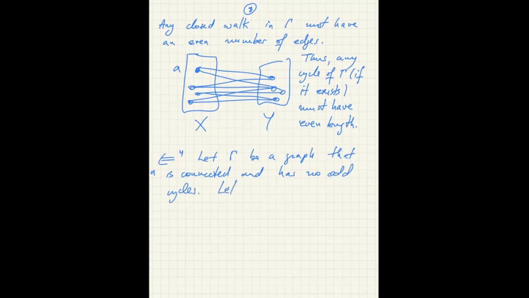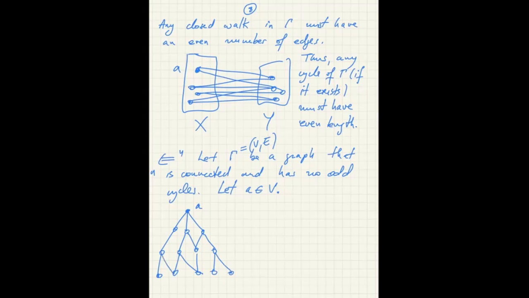We take a vertex, let A be a vertex of gamma, where gamma has vertex set V and edge set E. This is A. It has some neighbors. Those neighbors have some neighbors, so it could go something like that in general, and the neighbors have some neighbors and so on. So you have this picture of a graph.